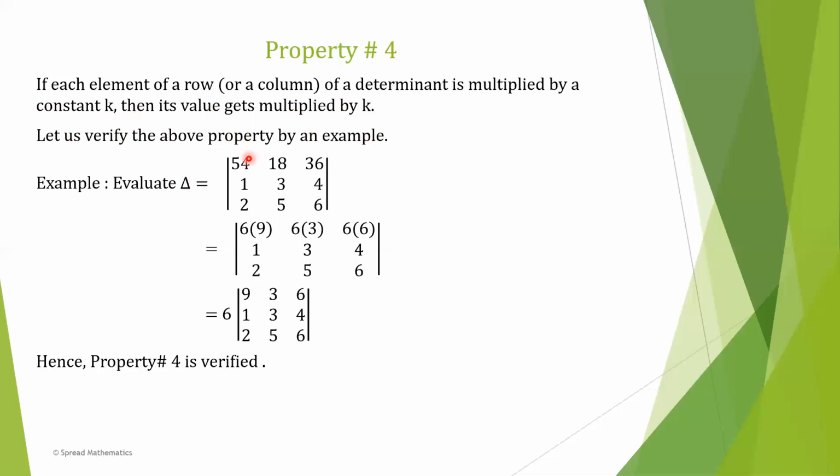Now you can see in the first row, 54 means 6 times 9, 18 means 6 times 3, and 36 means 6 times 6. So here 6 is common. So we took 6 out and this is our remaining determinant. So property number 4 is verified.